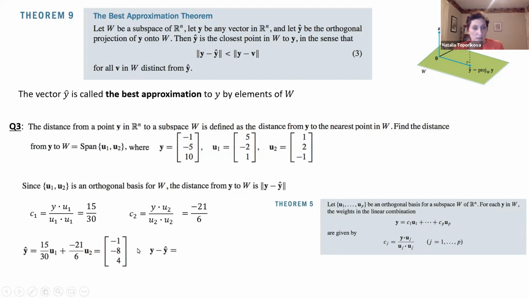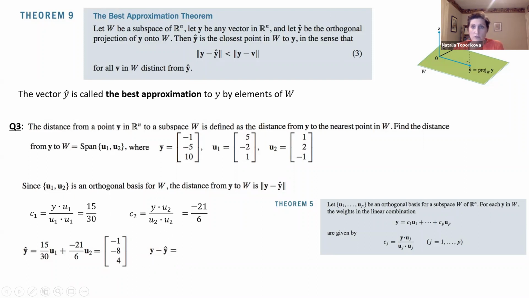That gives us a new vector, the projection, which gives us the three coordinates of the point closest to our vector y but belonging to the subspace W. Now let's find the difference between our vector and its projection.